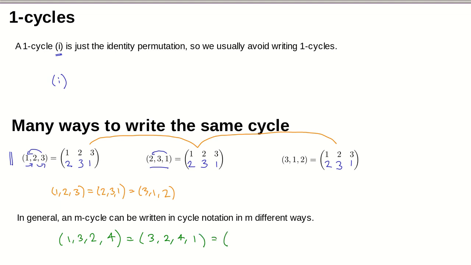And you could also choose to start it at 2, in which case it will be equal to (2 4 1 3), or (4 1 3 2). So you have to be careful with cycle notation. The same m cycle can be written in m different ways because you can choose any of m different numbers to start your cycle with.